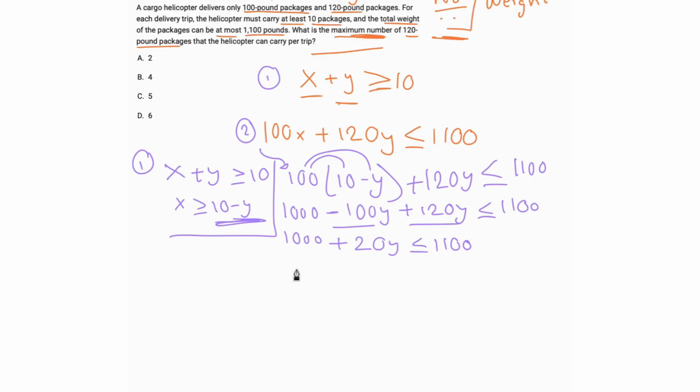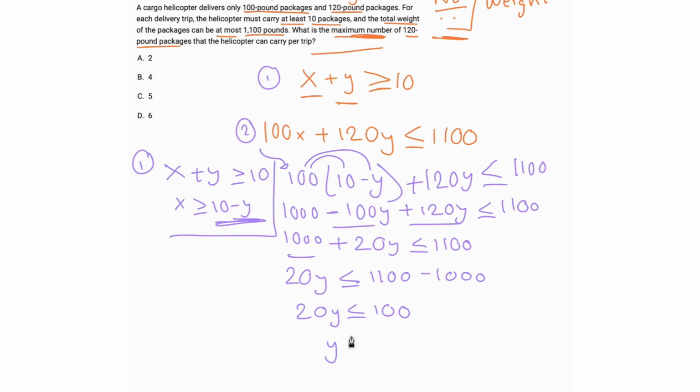Okay. Right, 20y. Now we're going to send 1,000 to the other side: 20y is less than or equal to 1100 minus 1,000. This is a lot of zeros. 20y is less than or equal to 100. Now we're dividing.